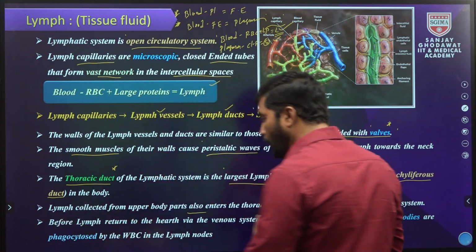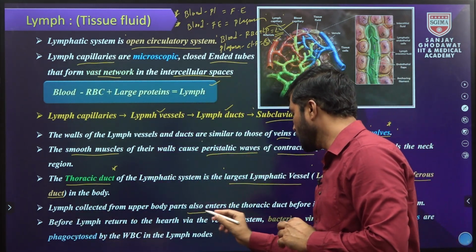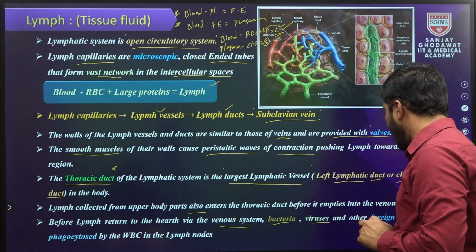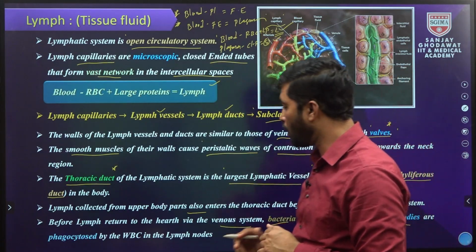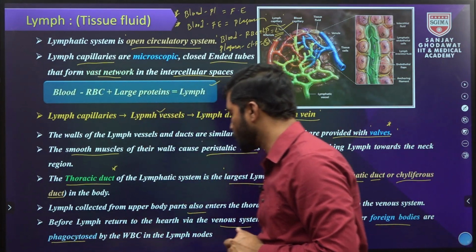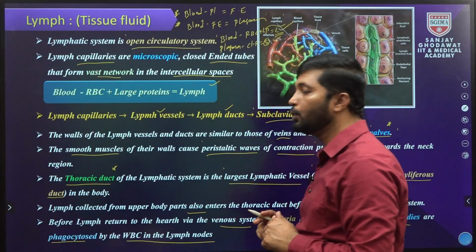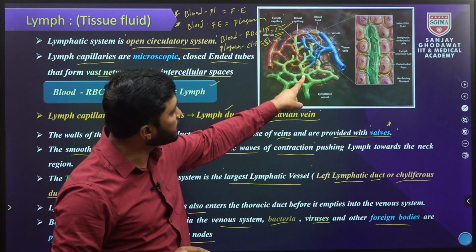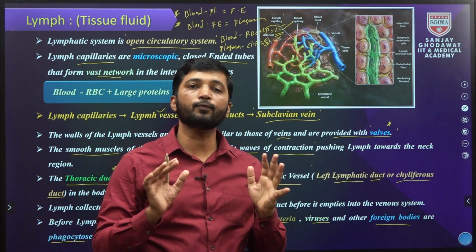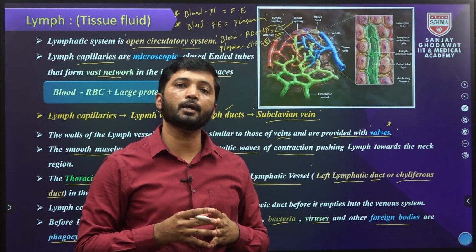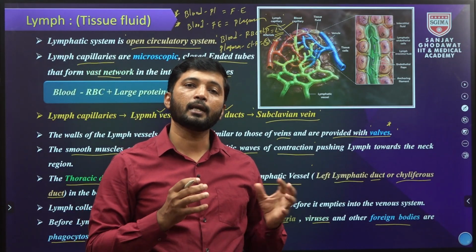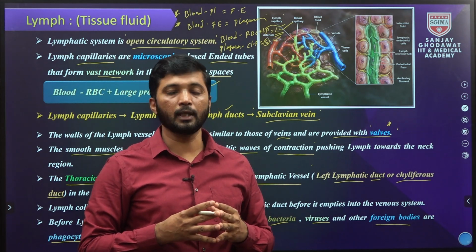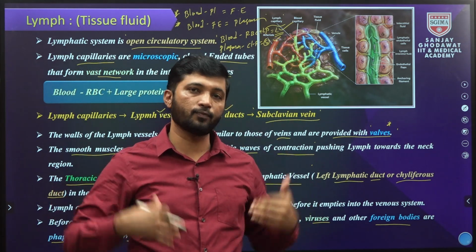Before lymph returns to the heart via the venous system, some microbes, bacteria, viruses and other foreign bodies are phagocytosed by WBCs in the lymph nodes, present throughout the lymphatic system.